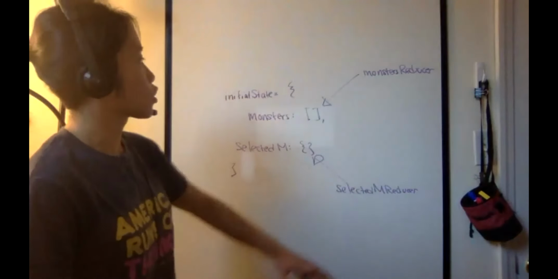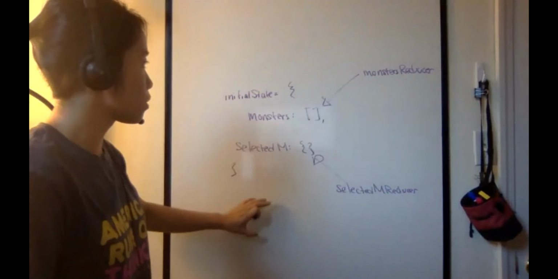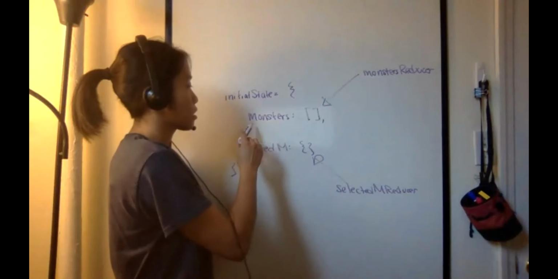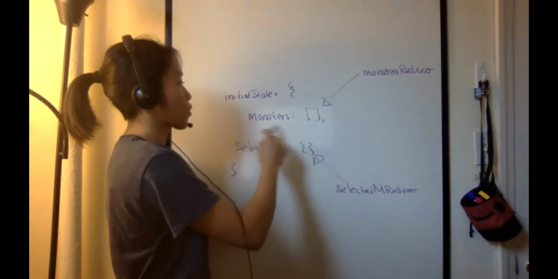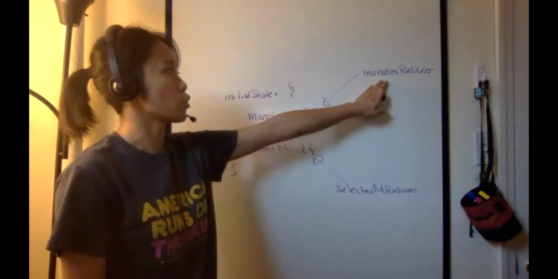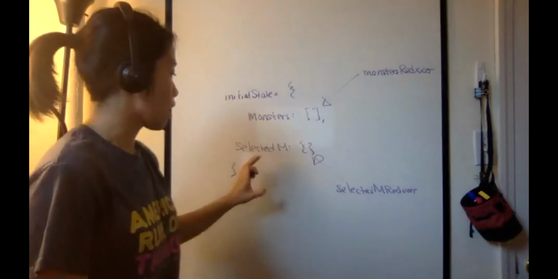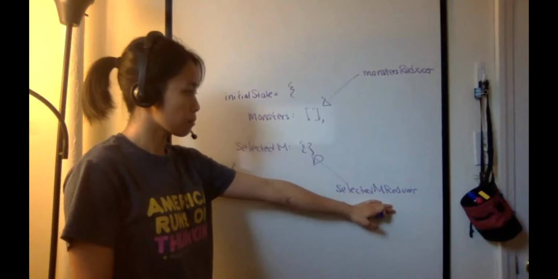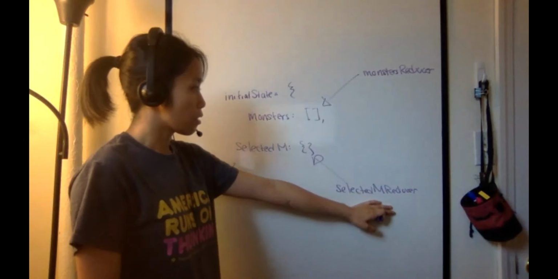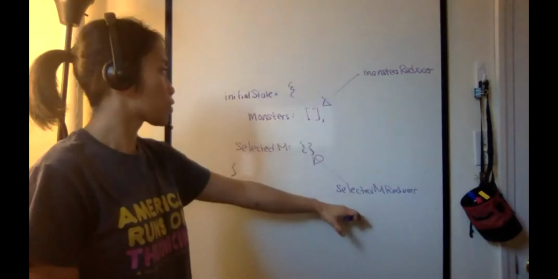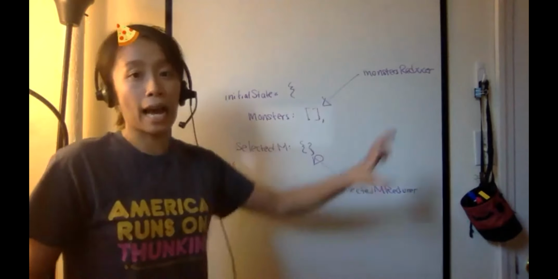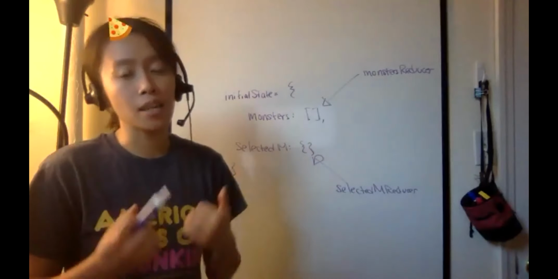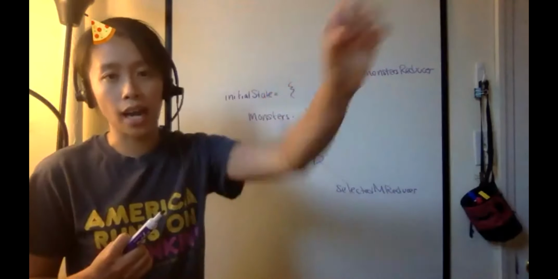So what we did was take everything that was in one file, pull out all of the relevant pieces of actions for monsters into one file, and everything relevant to selected monster into another file. We'll run both of these reducers. We're making a giant one out of these, and it's going to behave the same way that we currently have it set up.